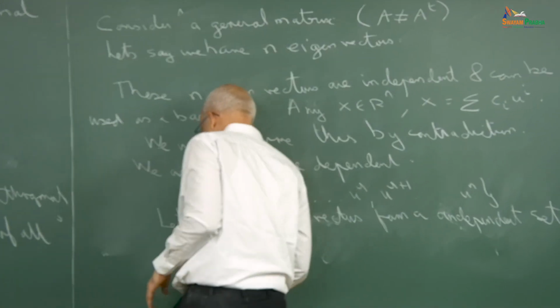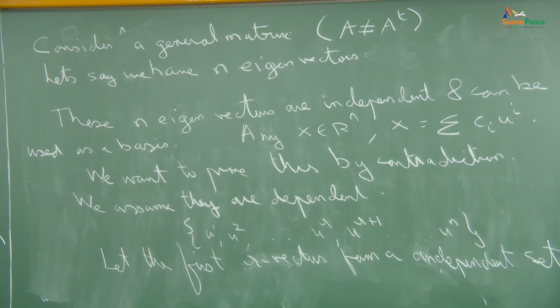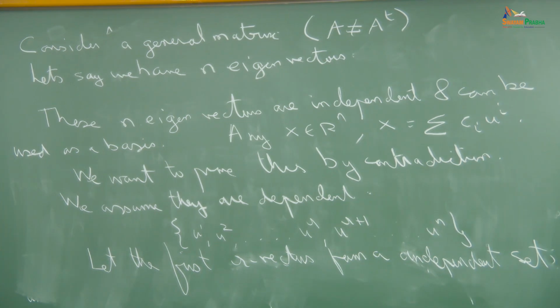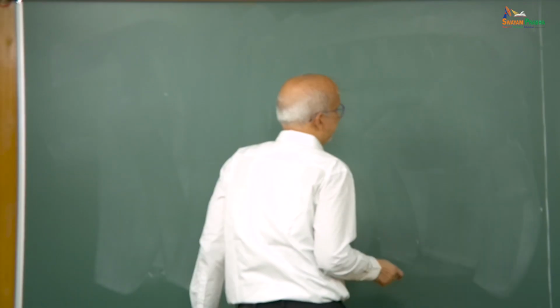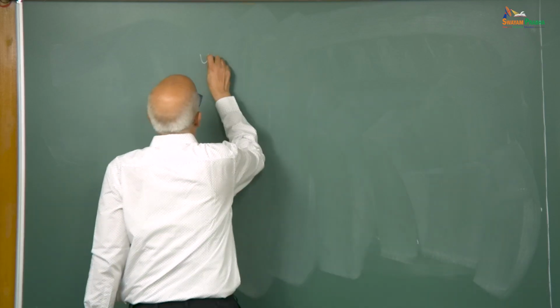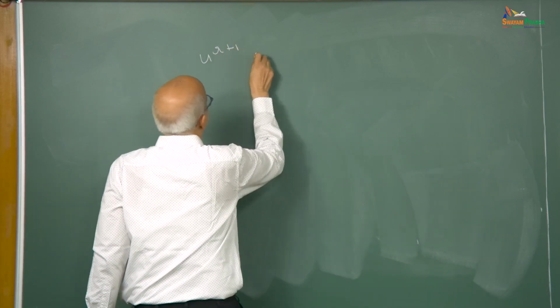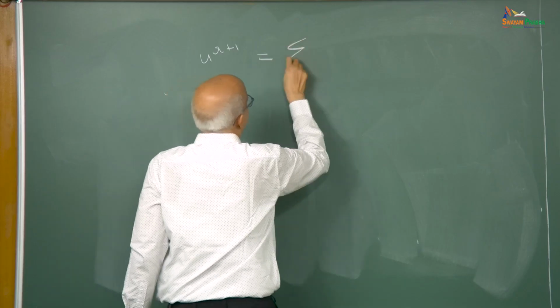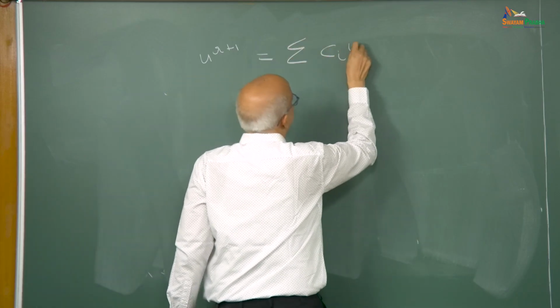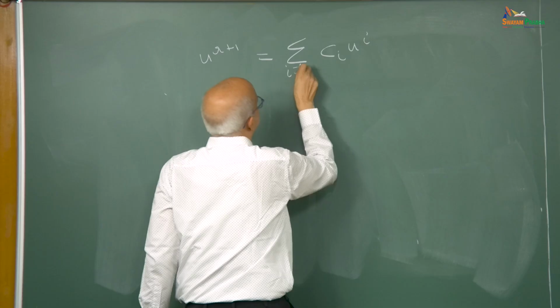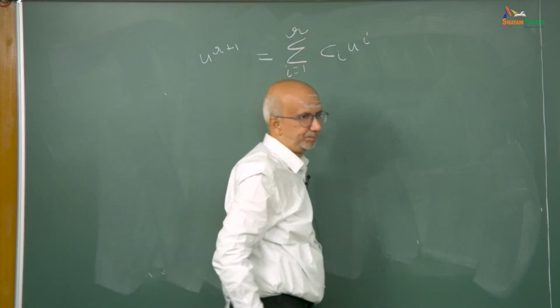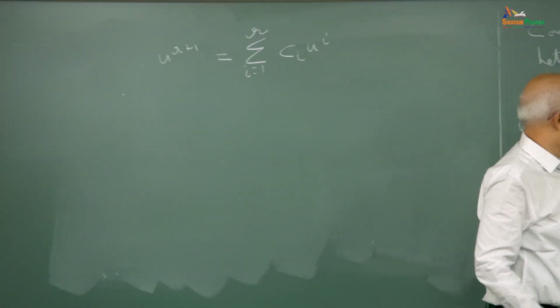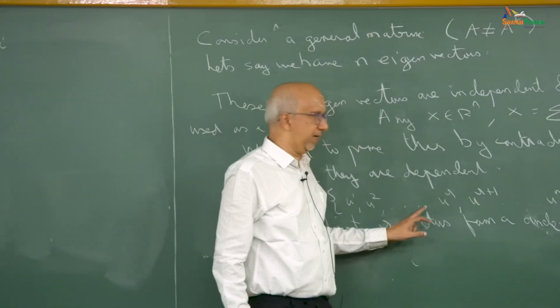So, what does this mean? This means ur plus 1 can be written as a linear combination of Ci ui, i equals 1 through r, because the set up till r is independent.